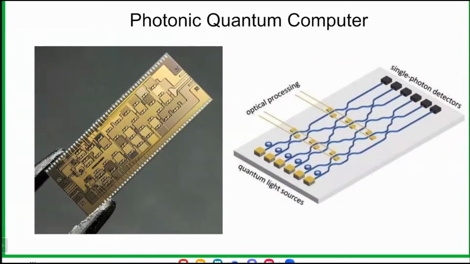Another very popular platform, which in recent times has been giving very good results, is photonic quantum computers. Here the idea is to use the quantum states of light in order to do computing.